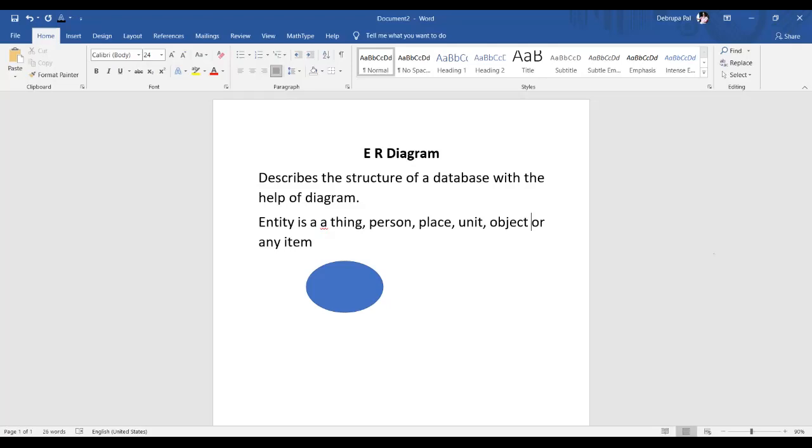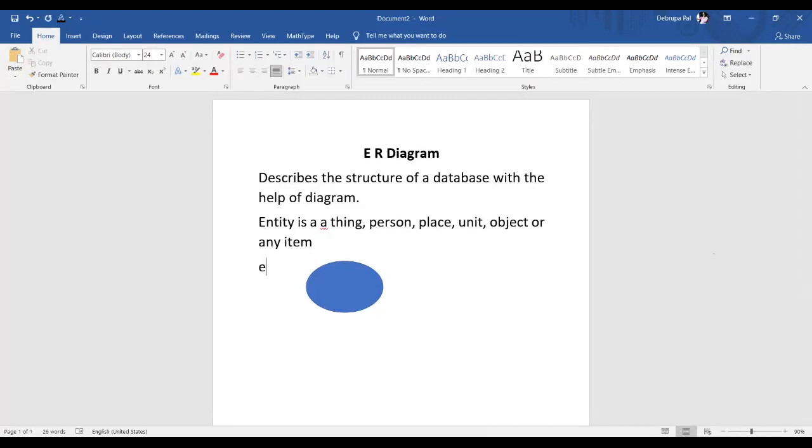Like you are an entity, all of you, student is considered an entity. So entity can be a thing, person, place, unit, object, or any items. Is it clear?